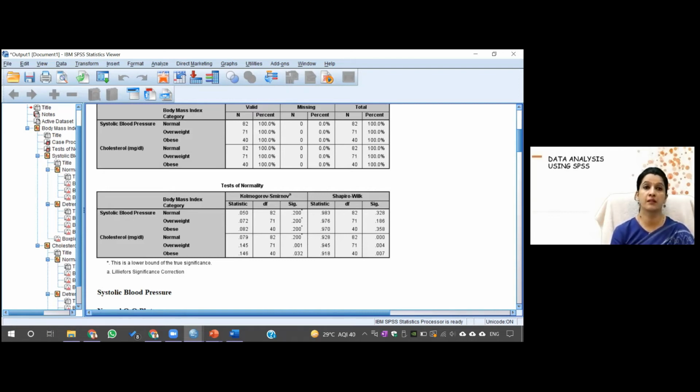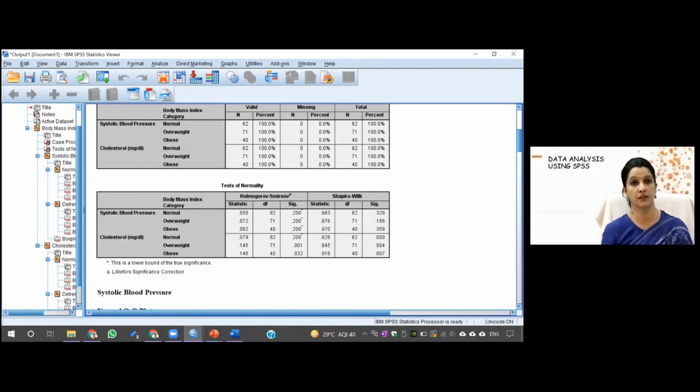Similarly, the values of kurtosis and skewness should be within plus or minus 2. Kurtosis is the peakedness of a graph, and skewness is the symmetry, whether it is right skewed or left skewed. That we have seen yesterday.